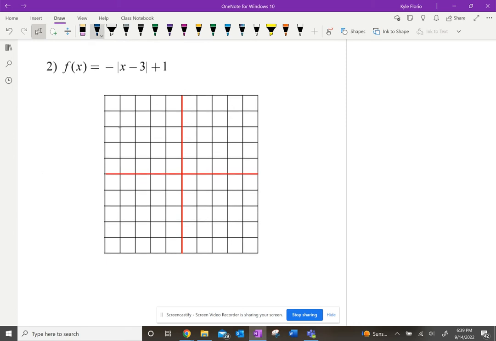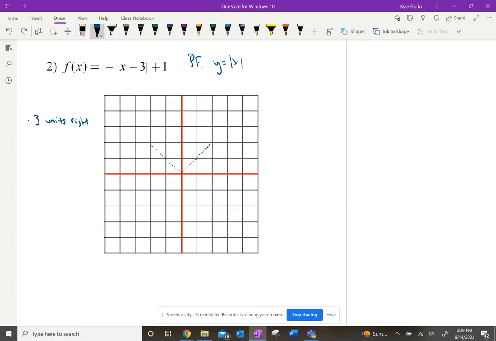Now we're given an absolute value, so the parent function here is y equals the absolute value of x, which is that v-shaped function that we just looked at. Okay, so let's go left and right first. We're going to go 3 units to the right, because of that minus 3. There's no dilation here.